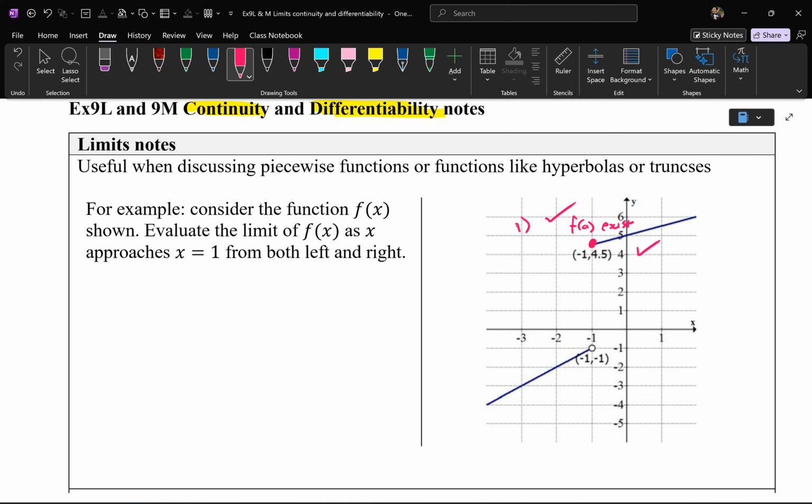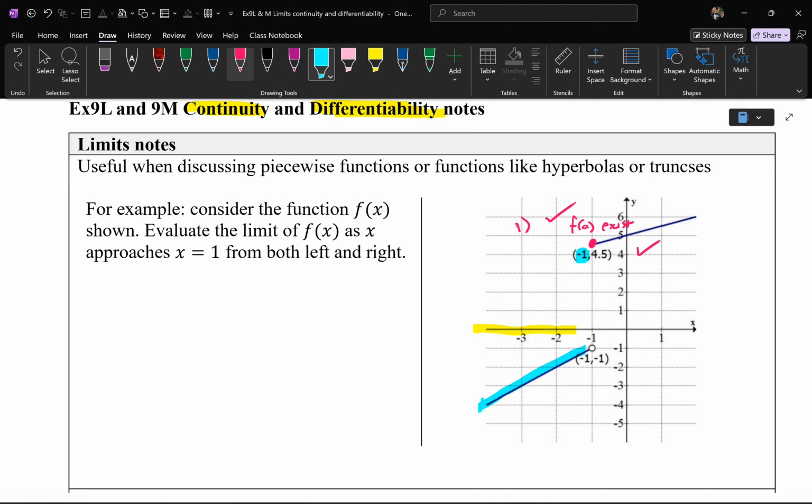So the second condition is then to check, well, okay, if I approach the function from the left to get to x equals -1, because that's what we were looking at, what does the value tend to? And we can see that the limit from the left, it's approaching a y value of -1.